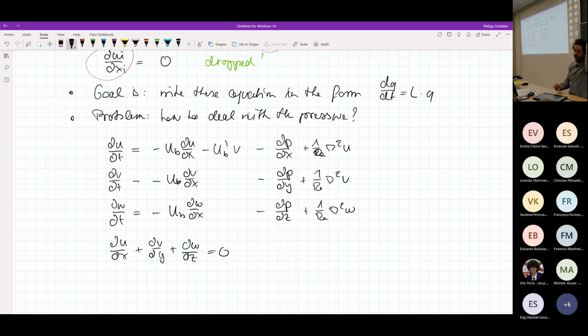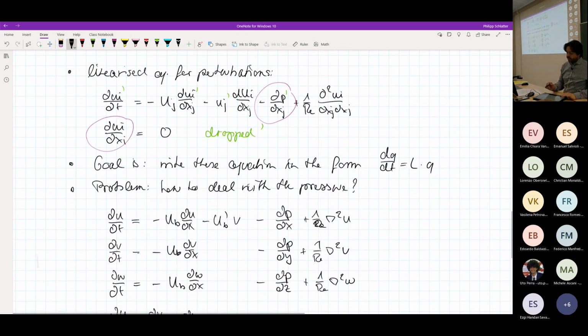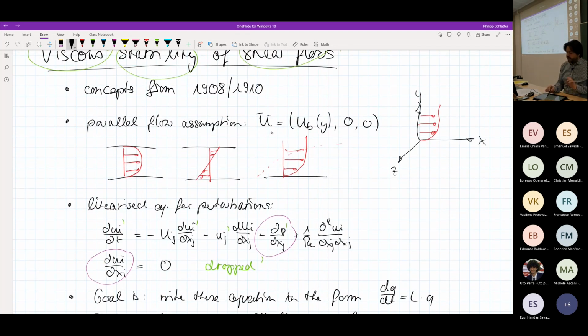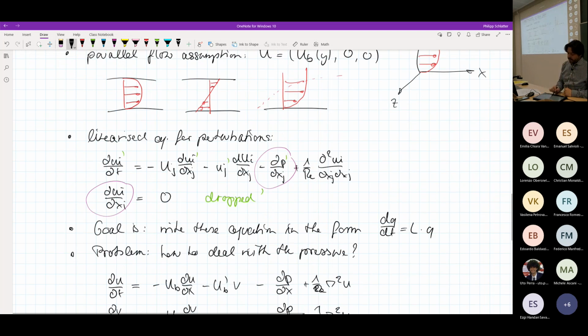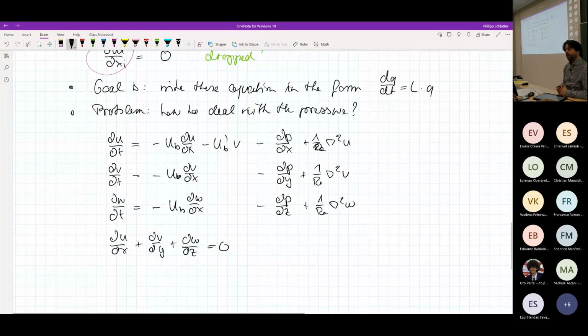So now what you see here is that because of the specific choice of our base flow, so that the base flow is only a function of y, and it's only in one component, a lot of the terms from the convection have actually disappeared. So that's the power of doing the parallel flow as such.